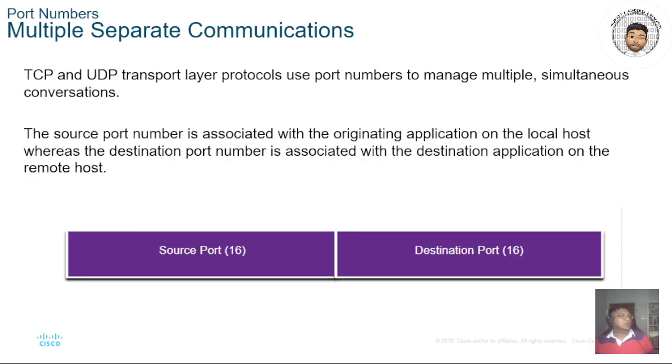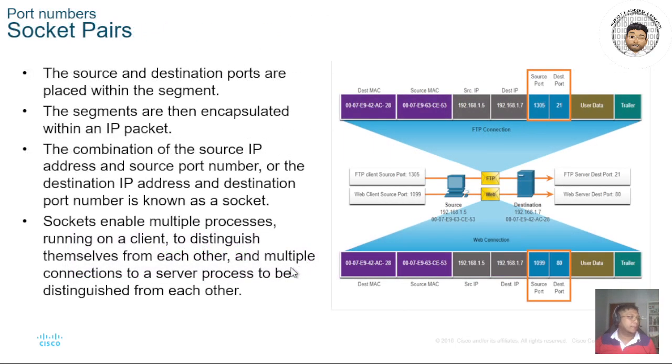TCP and UDP transport layer protocols use port numbers to manage multiple simultaneous conversations. The source port number is associated with the originating application on the local host, whereas the destination port number is associated with the destination application on the remote host.